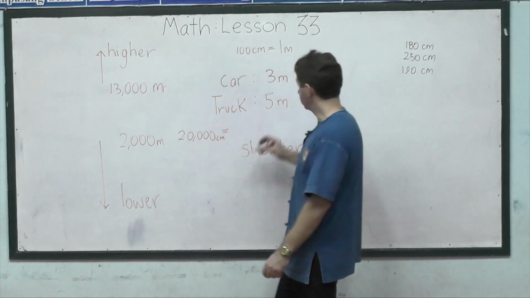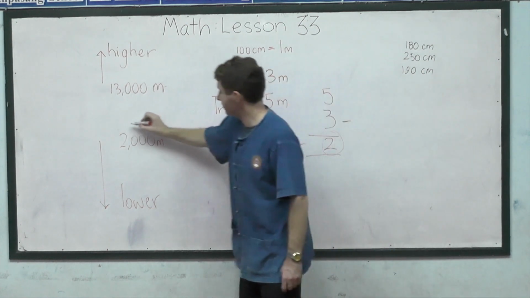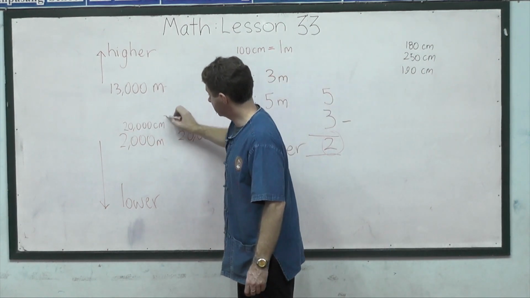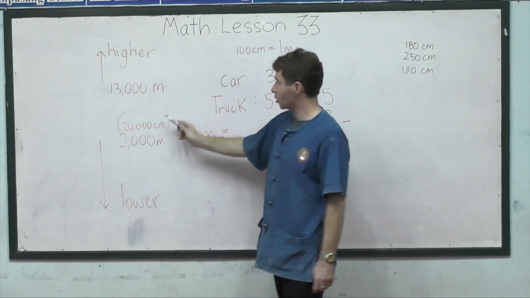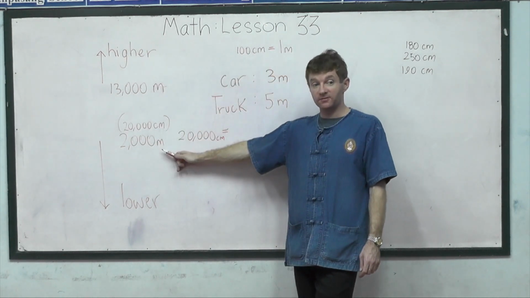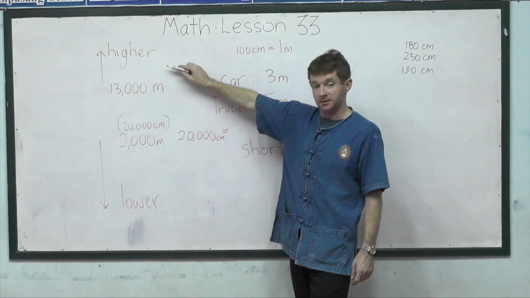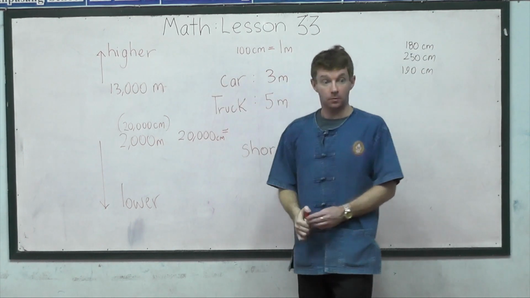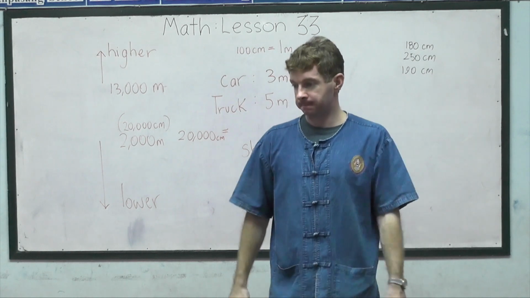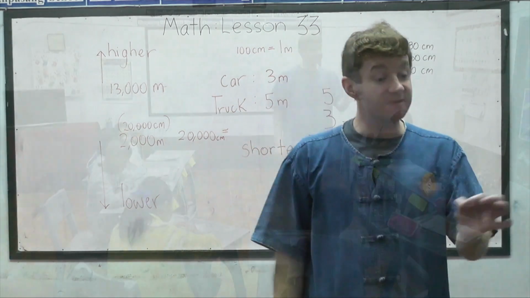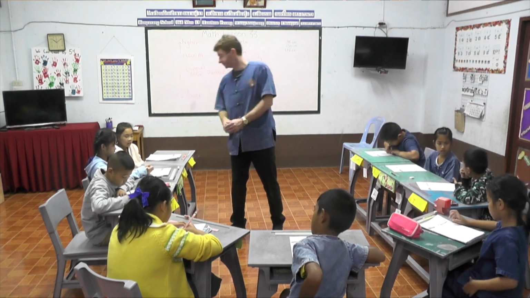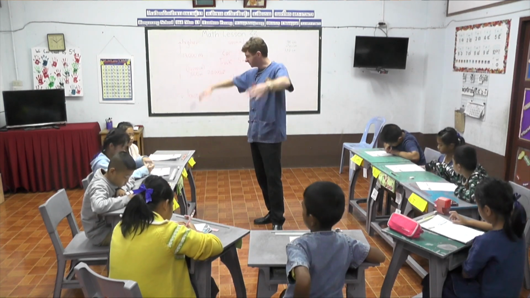You see, you need to work out 20,000 centimeters. You need to equate that into meters first and decide which is higher and which is lower. Okay? So 20,000 centimeters is lower because meters is very tall.